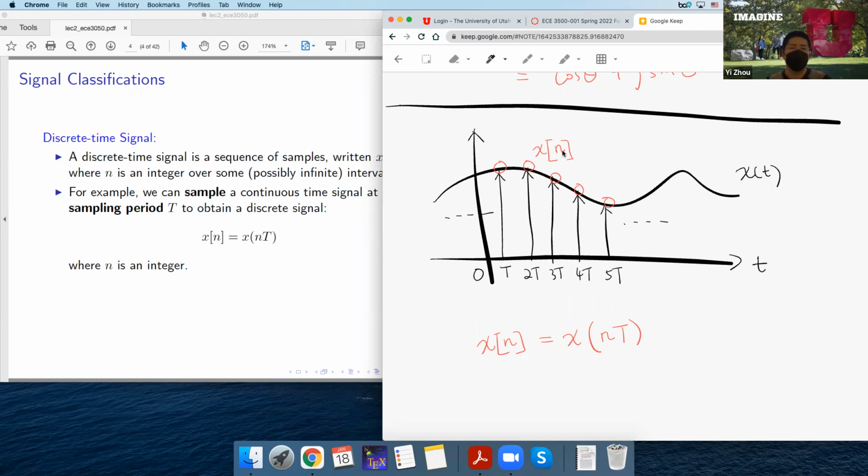And then these are the discrete samples that we generated. Now this is x[0], this is x[1], this is x[2], and this is x[5].